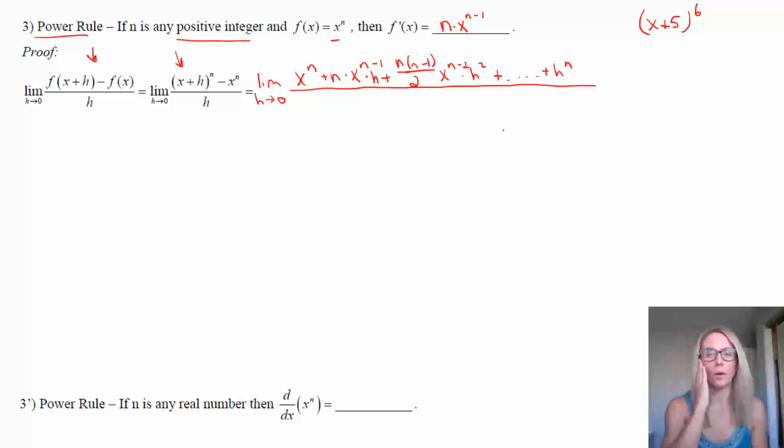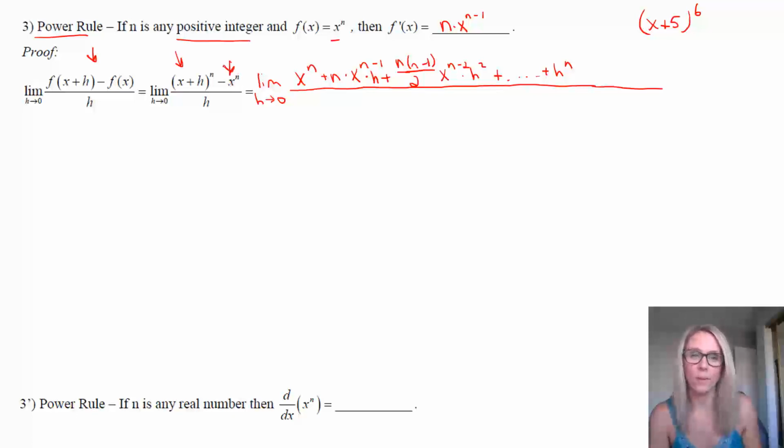So all the terms in the middle are x going down by 1, h going up by 1, until there's no more x to the 0, and you have h to the n. So that's the binomial theorem. Again, you're welcome to look that up to remind yourself if you have or haven't seen it. And then, of course, don't forget that we have to subtract x to the n, and then that's still all over h.